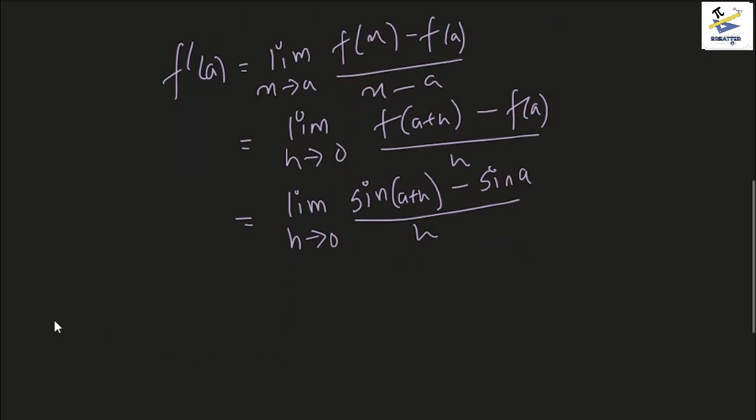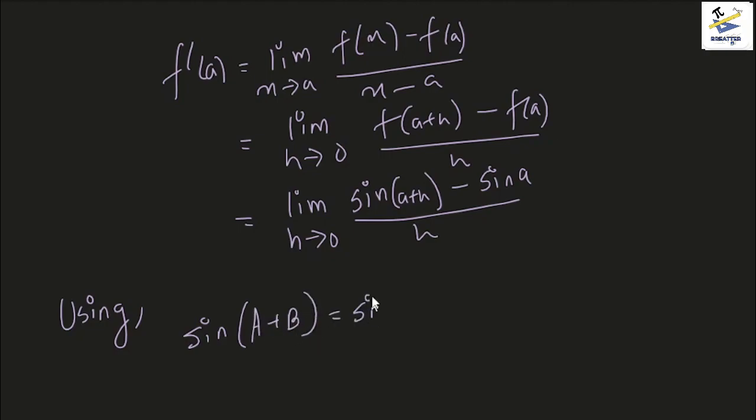Now we can use the formula for compound angles, that is, we can add and subtract angles inside sine, and we can also expand them. So we can use the formula sine of a plus b equals to sin a cos b plus sin b cos a.